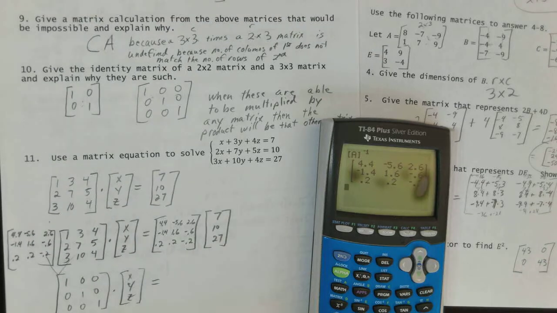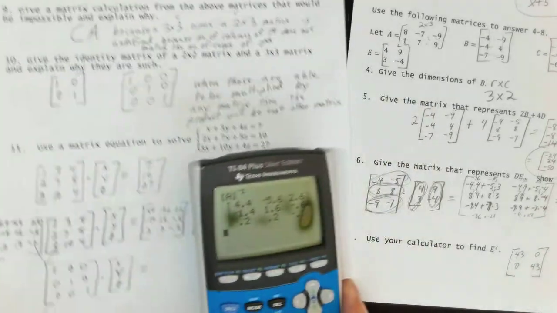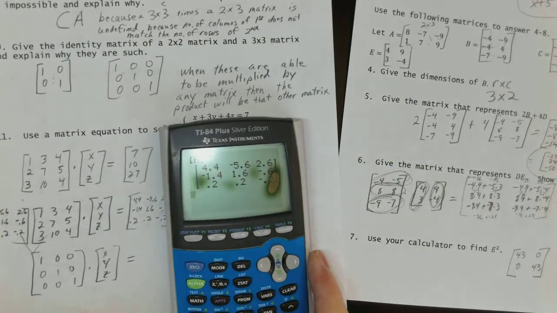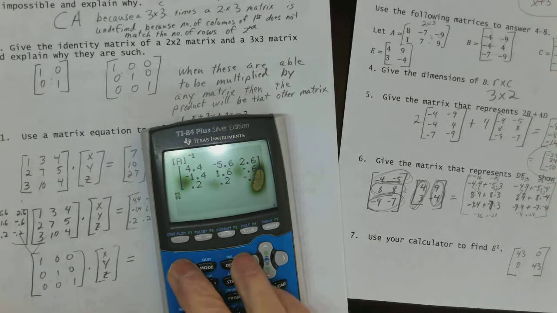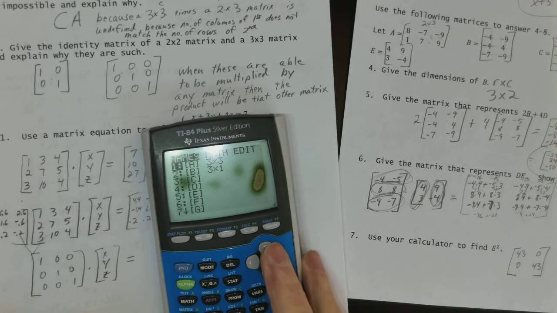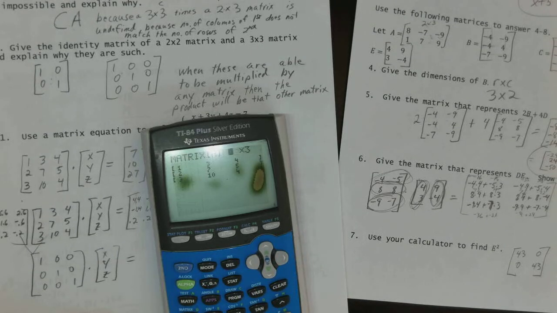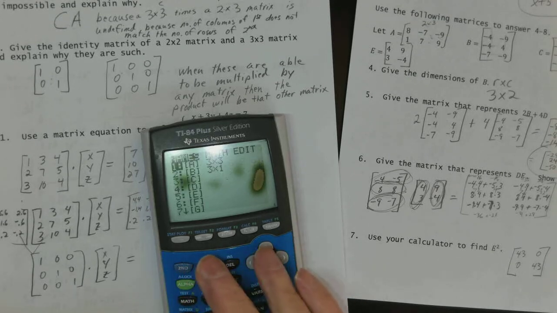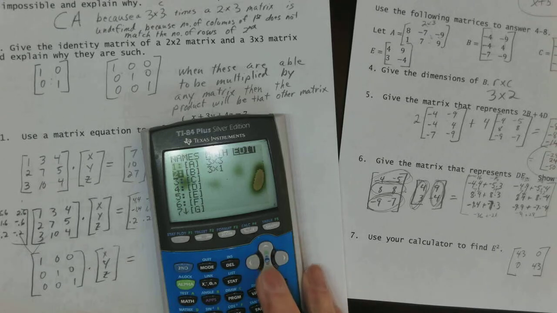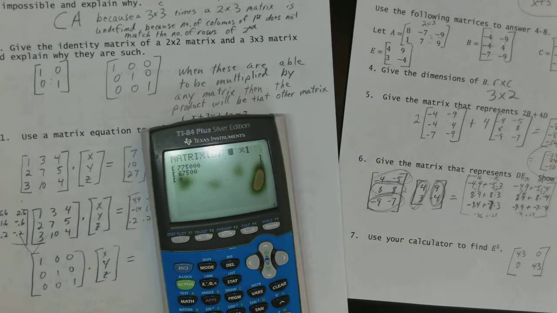This one I'm going to work at figuring out real quick here. So I'm going to go second matrix and B, oops, I need to edit B, not that one, second quit, second matrix, edit B, not A. It is 3 by 1, those numbers look familiar.